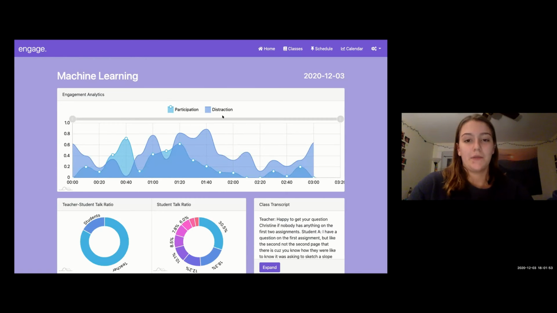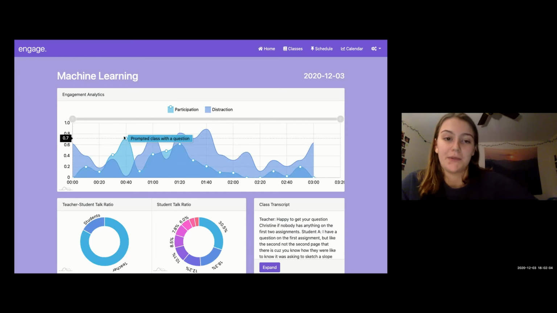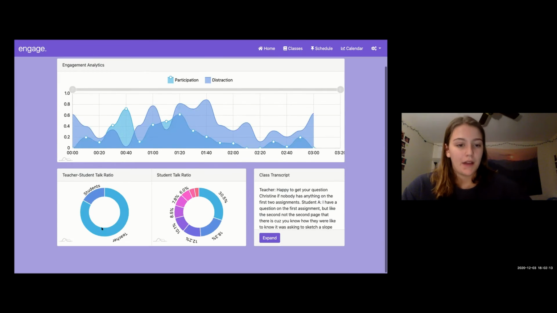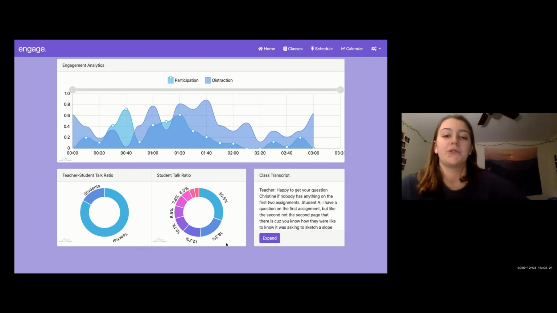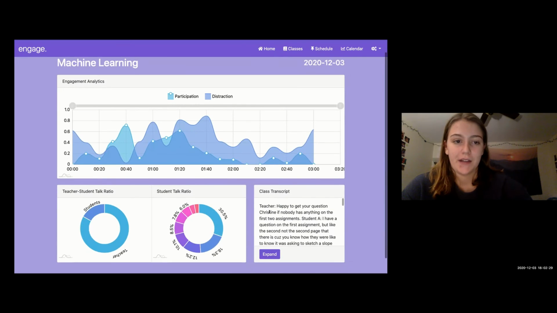And what I had hoped was to also have the engagement here, and little tool tips to recognize where certain things were detected in the sentiment analysis. Down here is the student to teacher talk ratio, and the talking ratio among students, so who's speaking a lot, who's not. And then this would be a transcript here. So this was the bare bones of what I was going for.